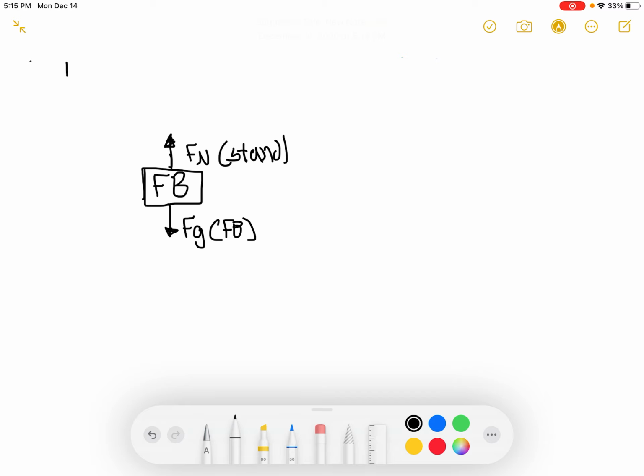It's going to be a little bit more complicated for the stand. Let's do S for stand. Sorry that I didn't do S for that part, but that's okay. So there's going to be a force of gravity down, Fg, of the stand. That's always what it's going to be, because the object itself brings itself down.